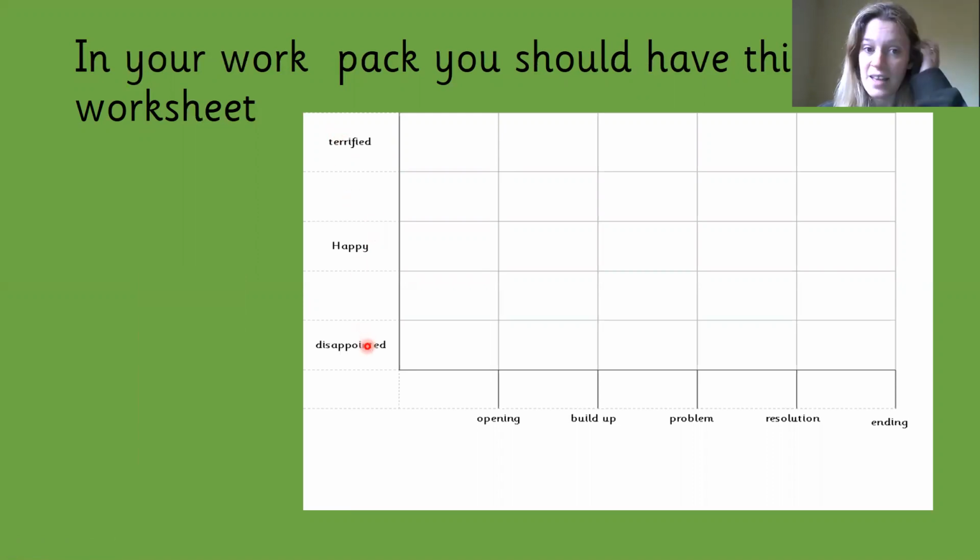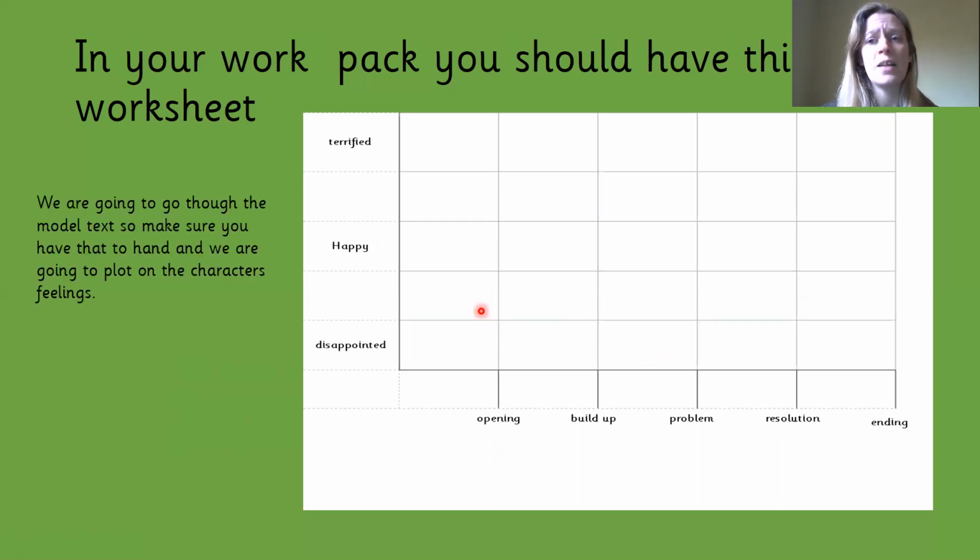And I've put them there to sort of think, right, happy's in the middle. We like to be in that happy state. And if we're terrified or scared, we're going to go up with our feelings. Or if we're feeling a bit sad or disappointed, we're going to come down with our feelings. Right. So we are going to be looking at plotting these, but first what we've got to do is look at our model text.